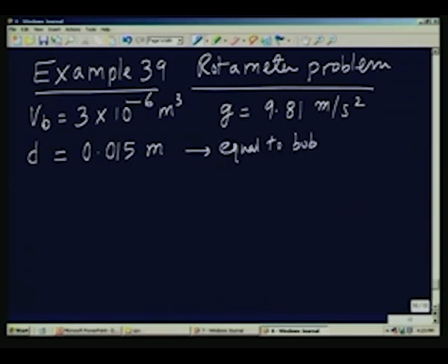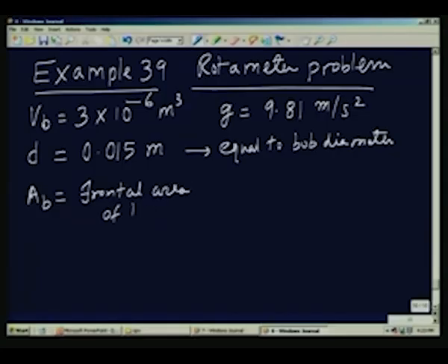That means we can determine the frontal area AB, which is the frontal area of the bob that comes in the calculation of the drag force.